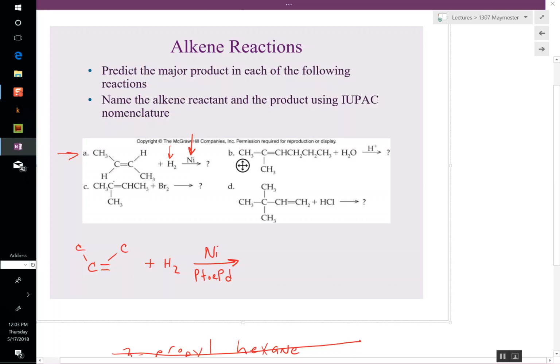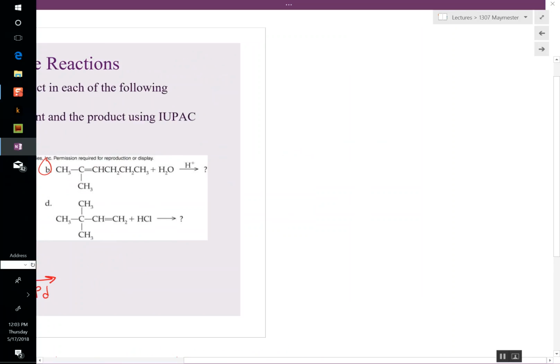Bromine, the second one, you're going to get a bromine here, and you're going to get a bromine here. But let's look at this one. So let me just see what we have here.